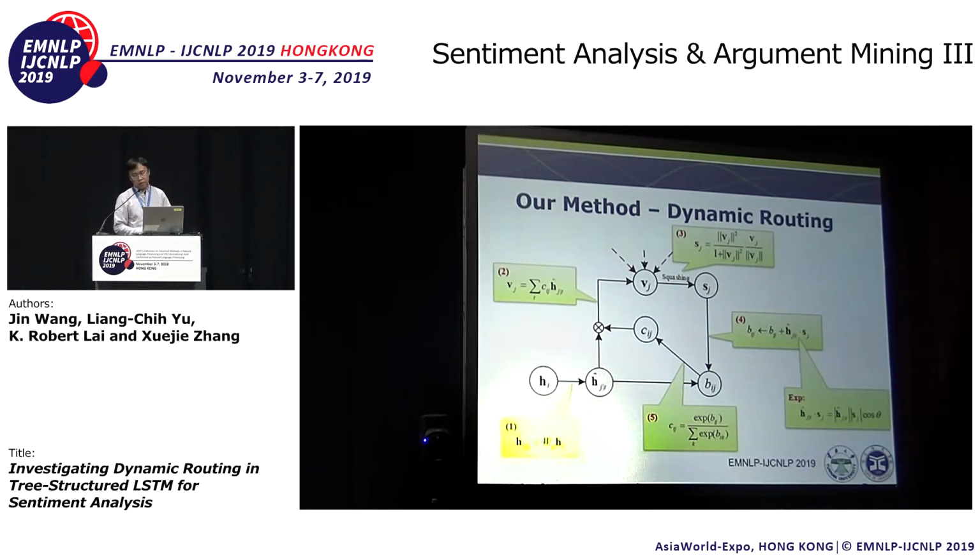The coupling coefficients C_tj are determined by an iterative dynamic routing process from B_tj. The updated information in B_tj comes from the scalar product of the H hat and the S_j.